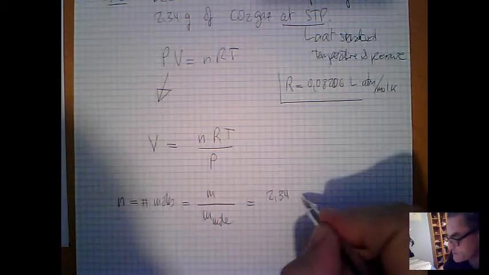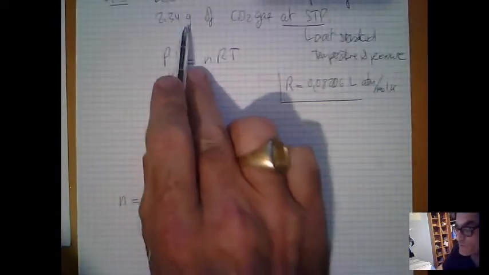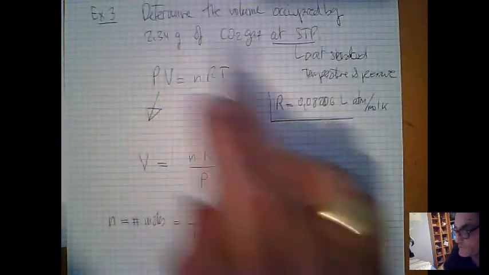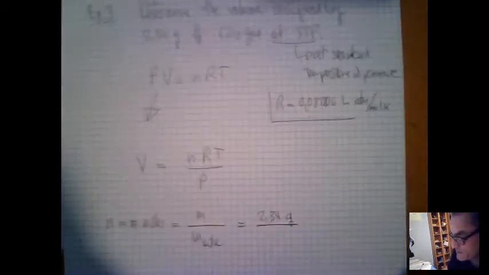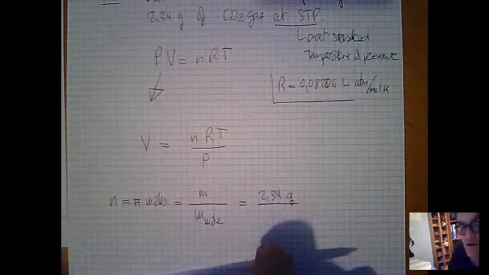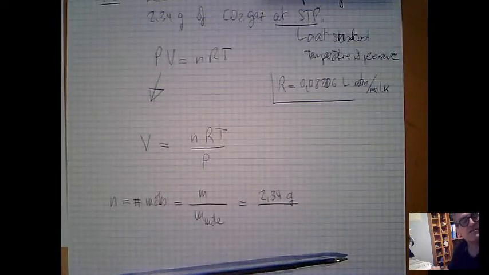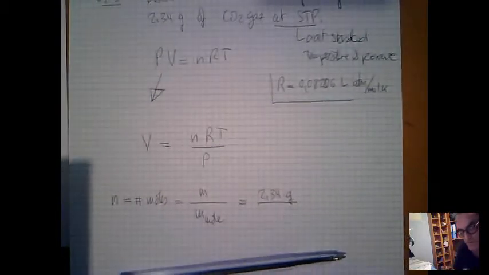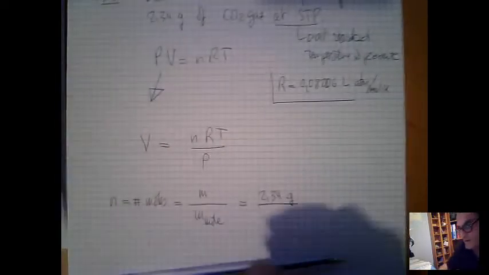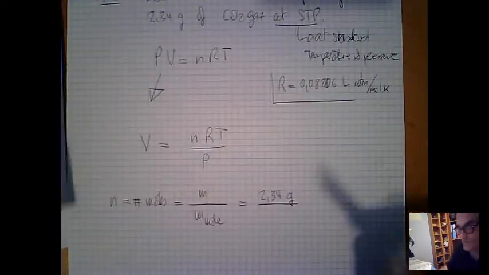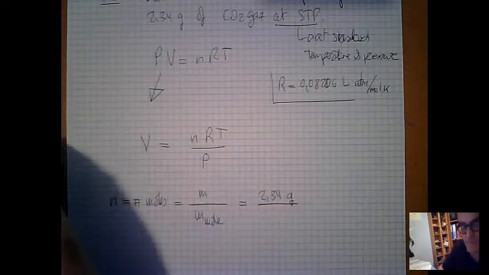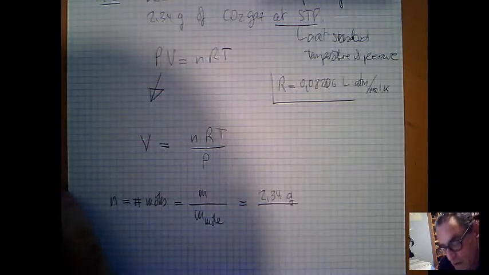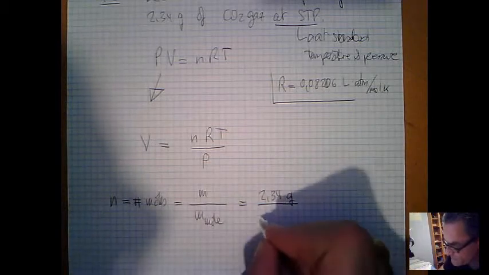So the number of moles is given by 2.34 grams of CO2, divided by the molar weight. And the molar weight is what? For that, you need the periodic table. To look up the weight of a mole, you need the weight of carbon. Carbon is 12.